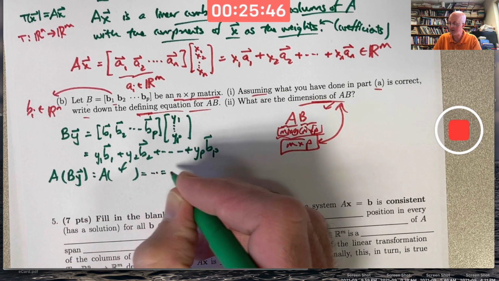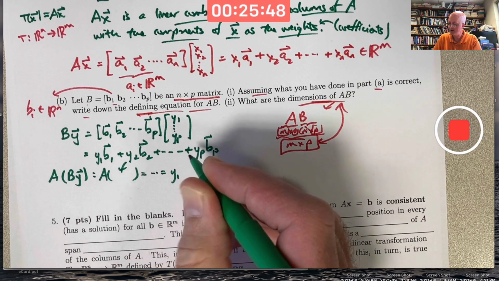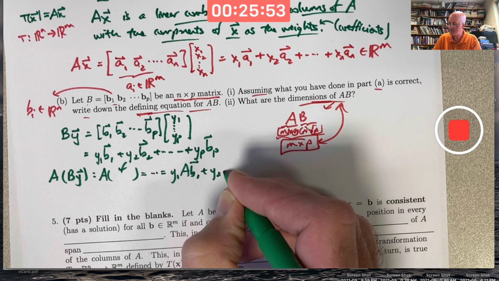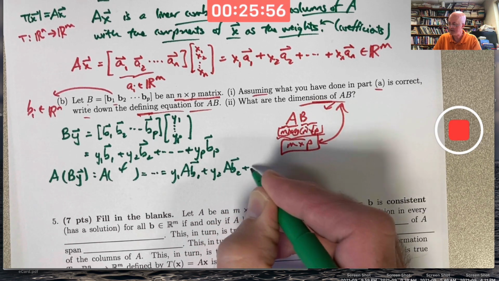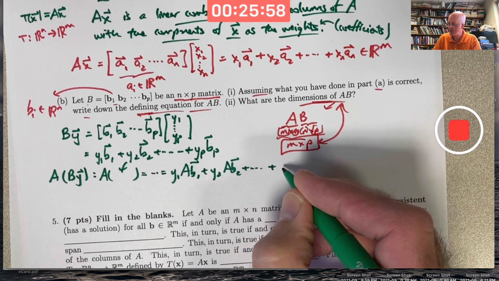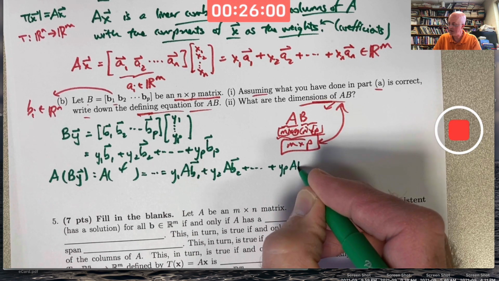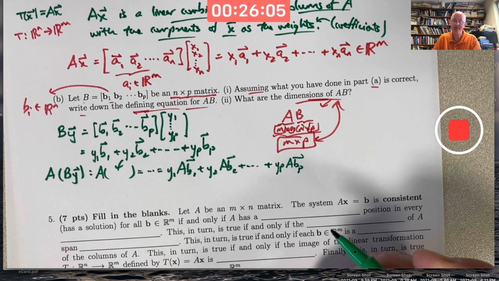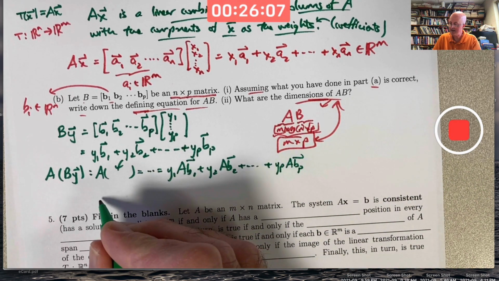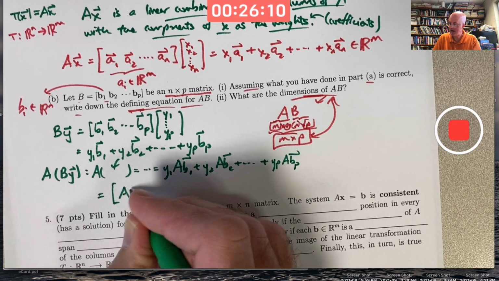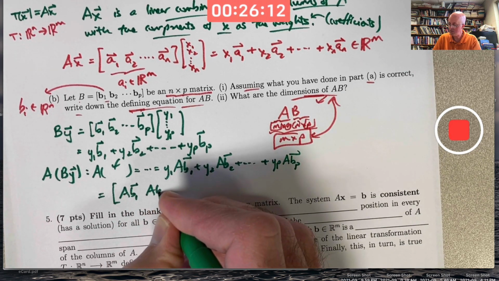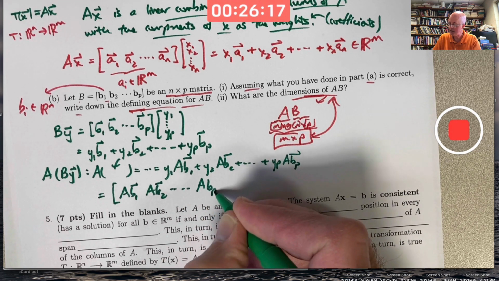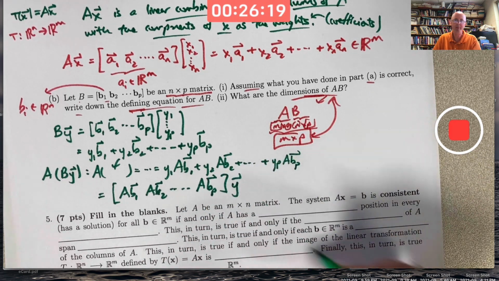With a little bit of work, I could write this as y1 times Ab1 plus y2 times Ab2, etc., plus in the end yp times Abp. And that is a linear combination of some vectors. By definition, that's this matrix, Ab1, Ab2, etc., for the columns up through Abp, times the original vector y.